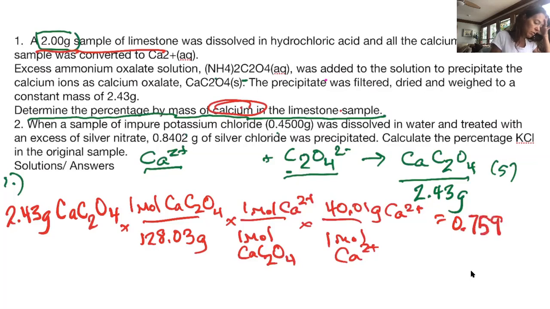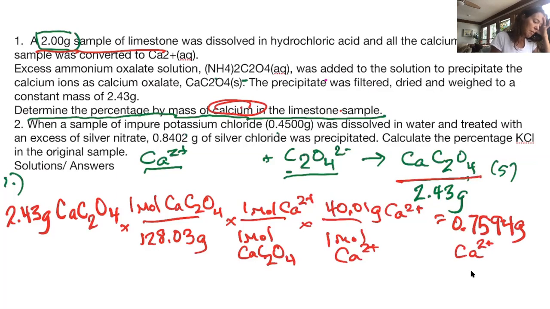I could keep another sig fig if I wanted, it's not going to change anything. Grams of calcium that was precipitated into the solid.